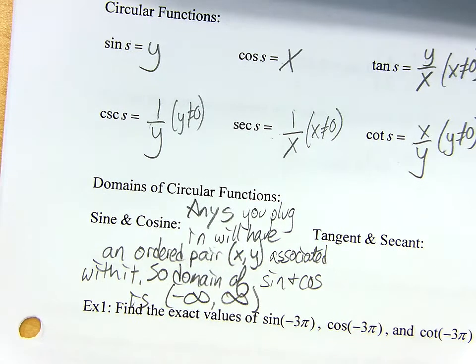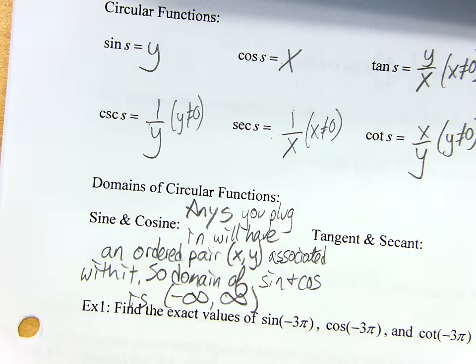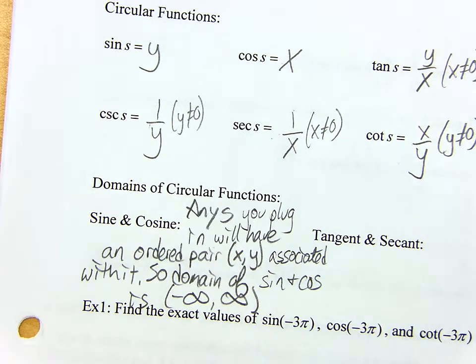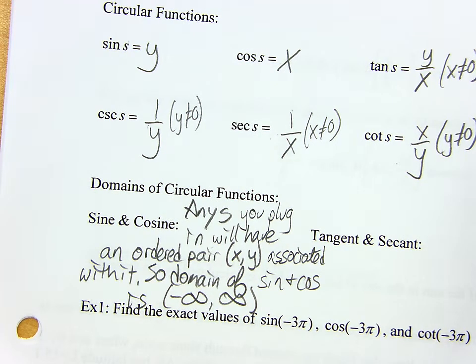Basically, I can plug in anything I want for sine and cosine. In other words, anywhere I stop along the circle will have a sine and cosine value. I'm never going to get something that's undefined for sine and cosine.